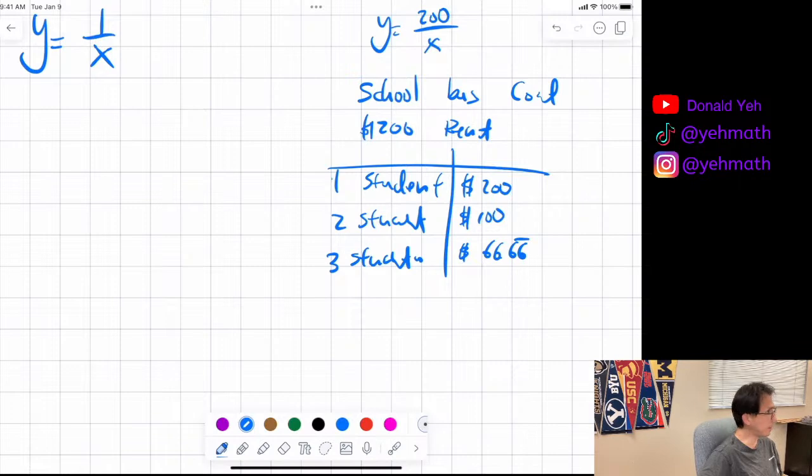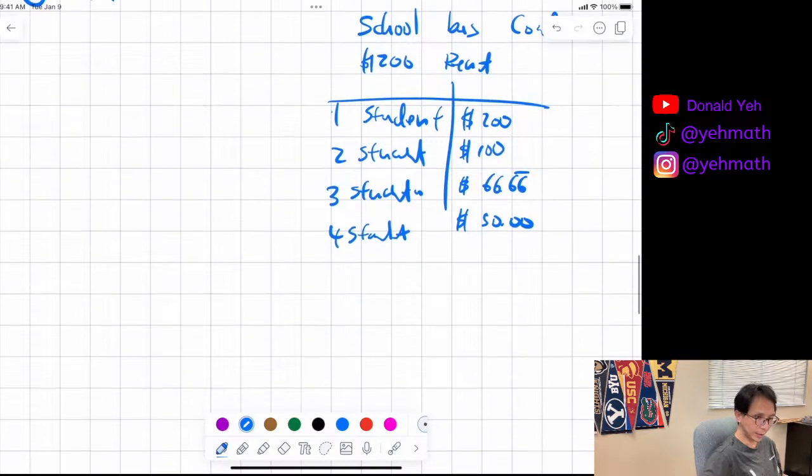Is that okay? And the fourth student is how much? $50. Good. So it's not linear. It's not a straight line. It's kind of a curve. Okay? And then you can go up to 5 students.